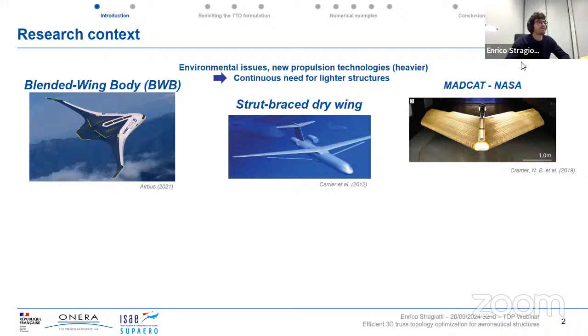The common thing about all these concepts is that in general, they are really different from the classic tube and wing architecture of modern aircraft. And so there's really a need to redesign the sizing software that we use. In general, there's a need for ultralight structural optimization that is tailor-made for these new concepts.